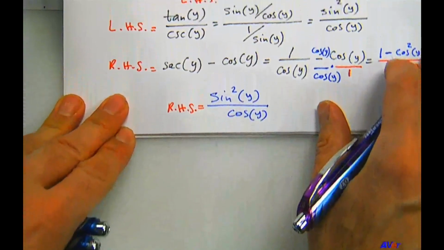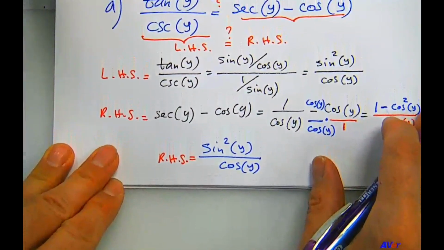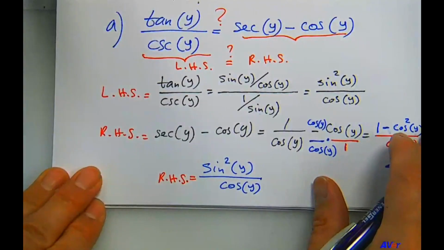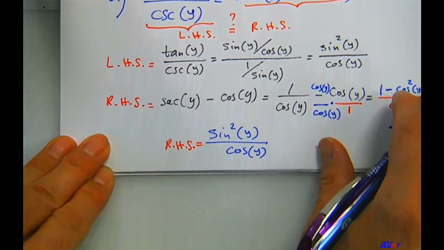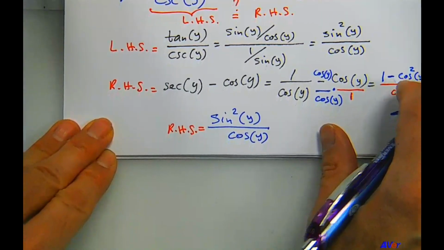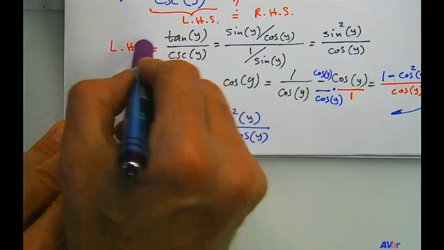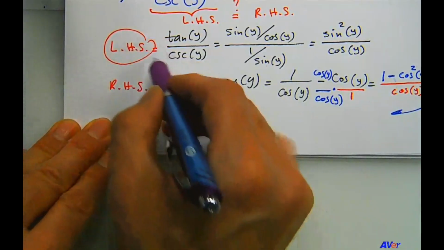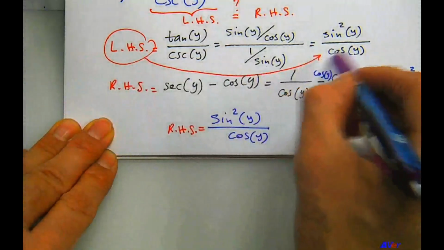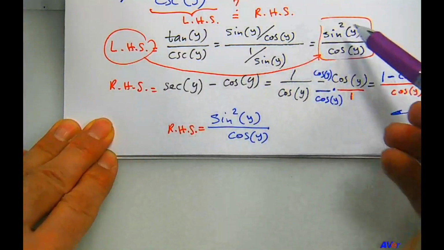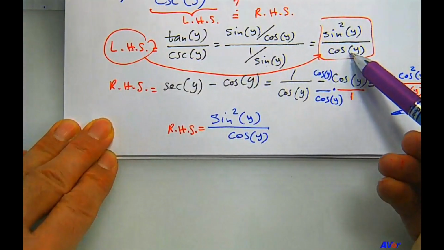So compare the left-hand side. The left-hand side was that quantity, remember? Sine squared y over cosine y.